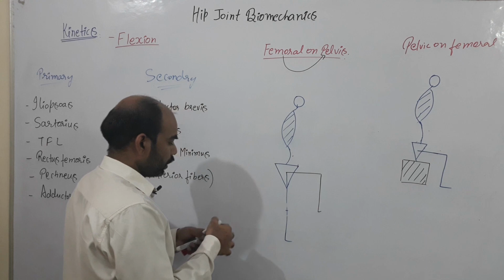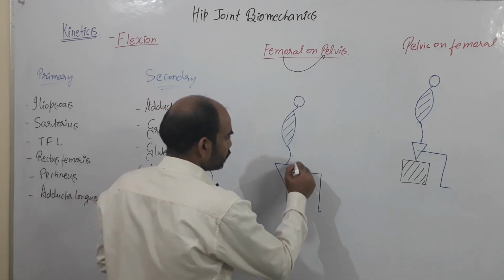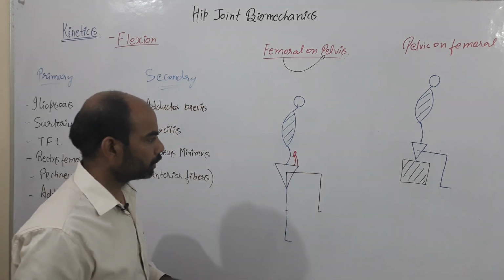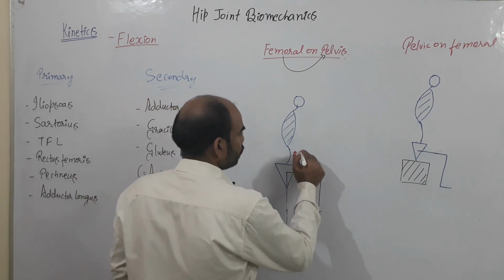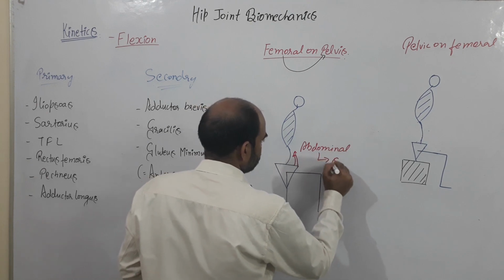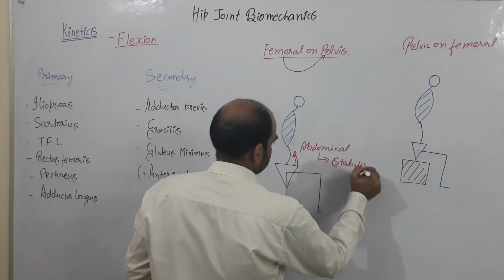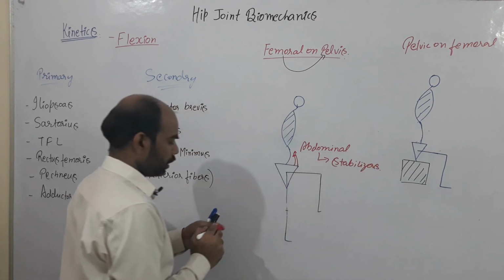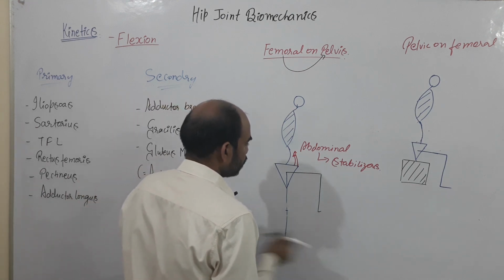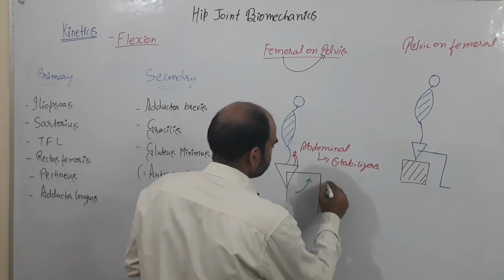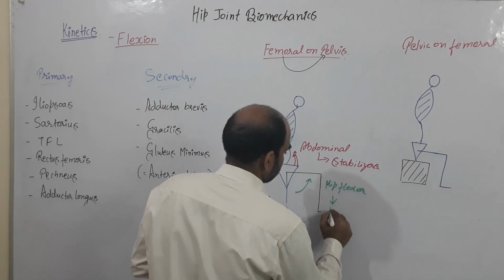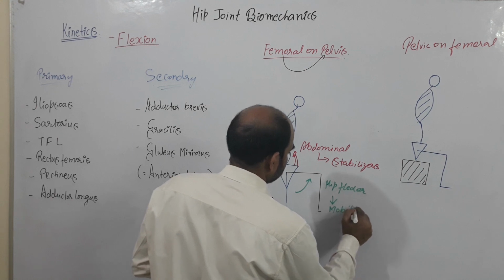First, the abdominal muscles are activated to fix the pelvis in neutral position, so the abdominal muscles work as a stabilizer, and the hip flexor muscles work as a mover or mobilizer.